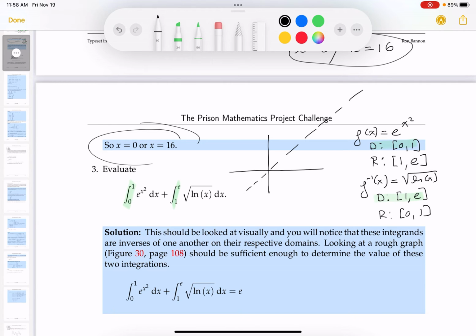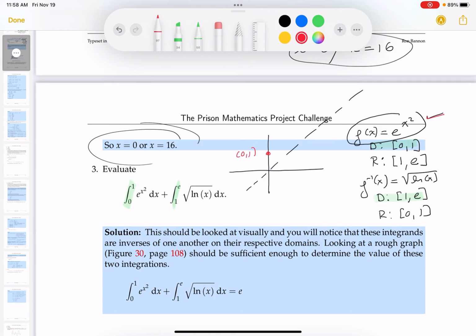So let's graph this guy first. I'll do that in red. So at 0, it would be 1. And then when I get to 1, it would be at e.